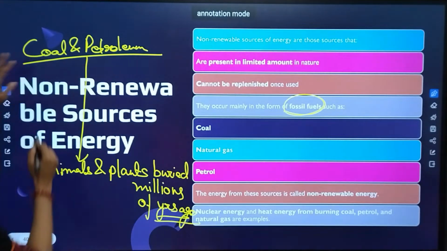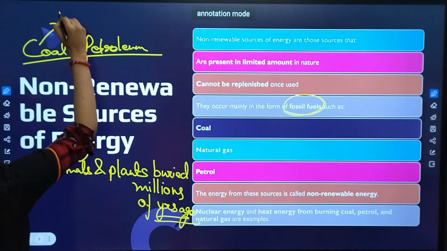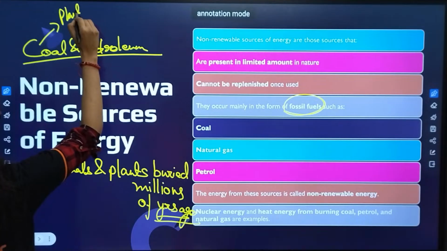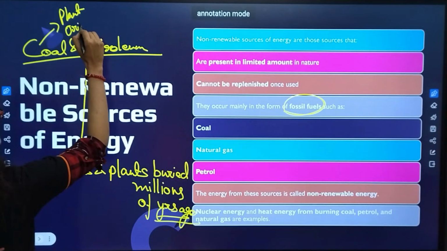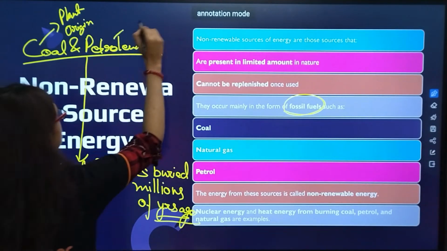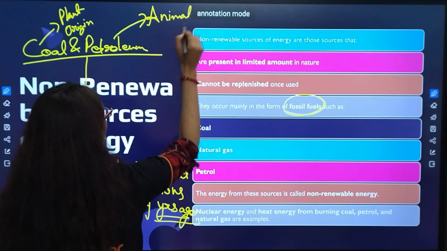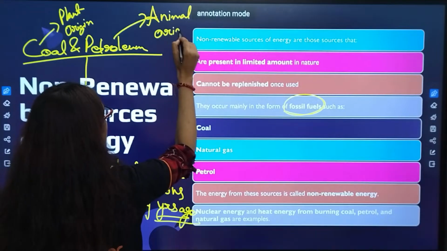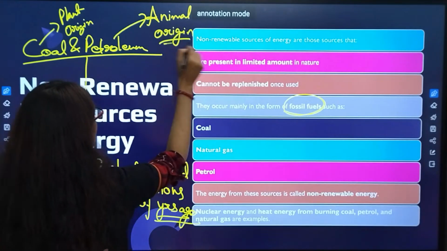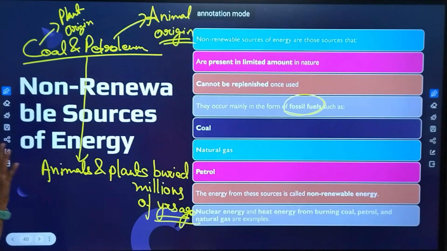So this coal is of plant origin and this petroleum is of animal origin, which got buried millions and millions of years ago.